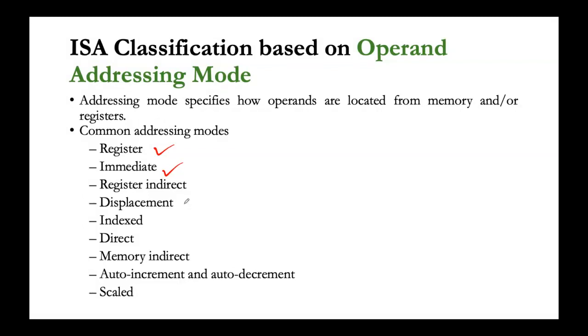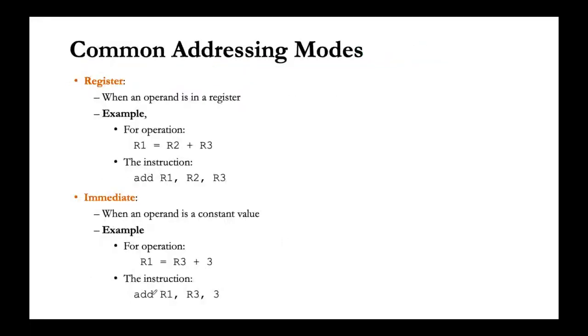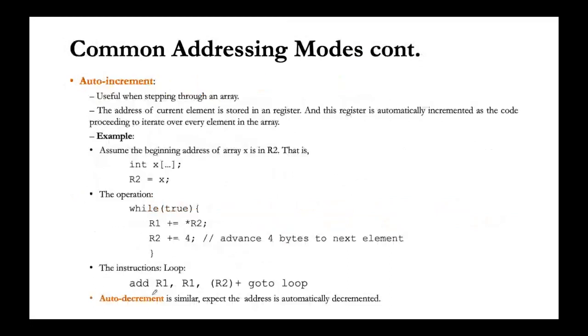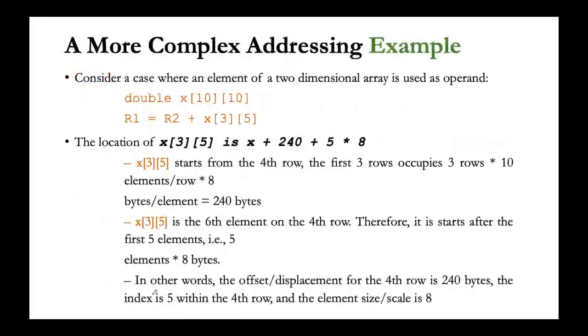Then displacement gives the offset. Index also gives the offset and base address. Direct addressing gives the direct address value. Memory indirect is the address of the address. Auto increment and auto decrement are used in arrays to increase and decrease. And in scaled addressing mode, the same array can hold different kinds of data types. So these are the classification of your common addressing modes.